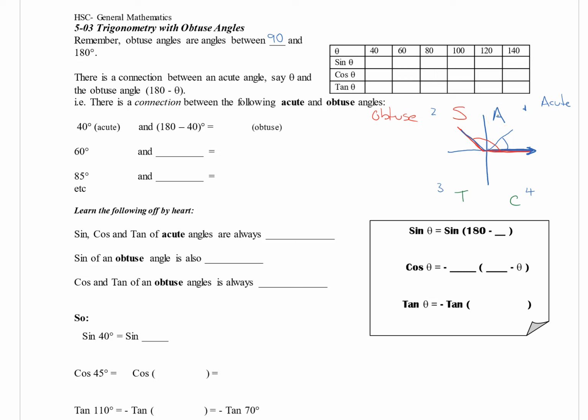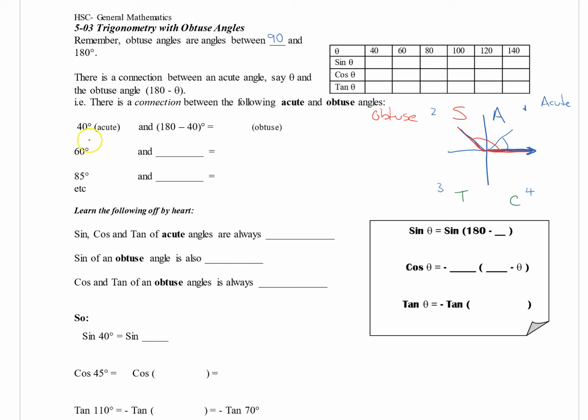So we're going to pursue the two things, the sine of the angle, whether it's positive or negative, which we already know from this little rhyme, and the connection between an obtuse angle and a corresponding acute angle. So like it says here, there is a connection between an acute angle, theta, and the obtuse angle, 180 minus theta.